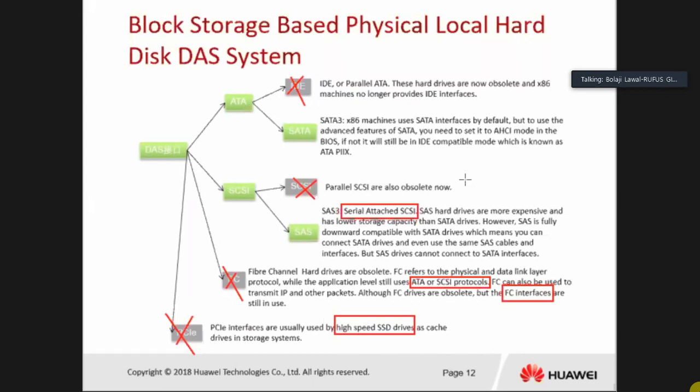But to use the advanced features of SATA, you need to set it to AHCI mode in the BIOS, which is true. If not, it will still be in IDE compatible mode, which is known as ATA 6. So that's that for this. Let's move on quickly.